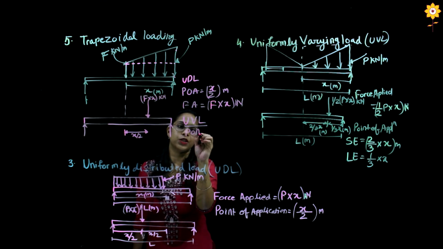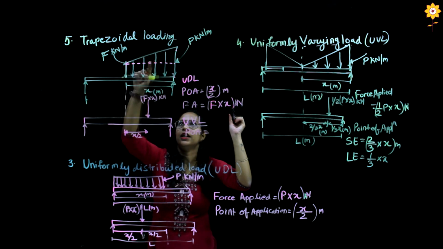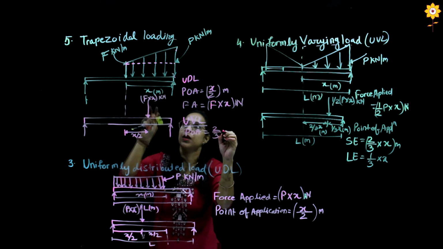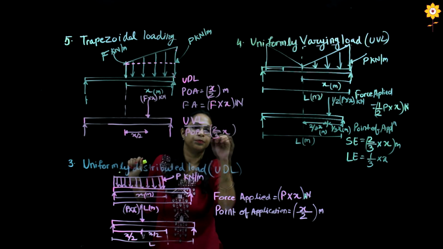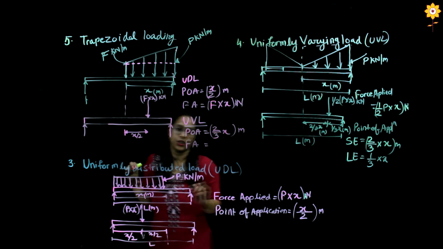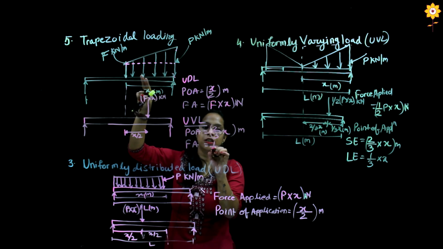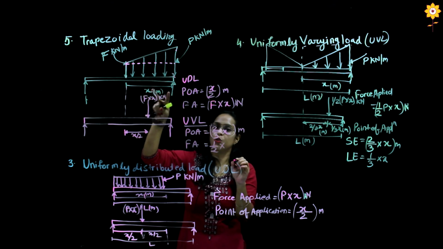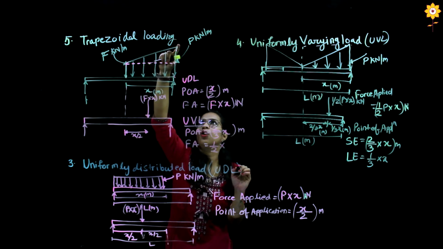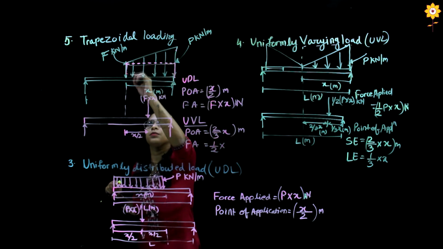The point of application for the UVL, from this end, which we call the shorter end, is 2 by 3 of the distance over which the UVL is placed, that is also x. And the force applied would be how much? It would be half of the load into the distance over which the force is placed. Here, this side is a combination of both the UDL and UVL, and we have already solved part of it.